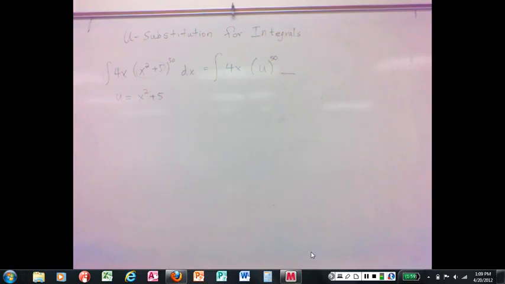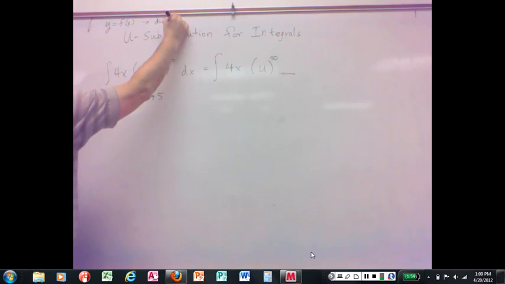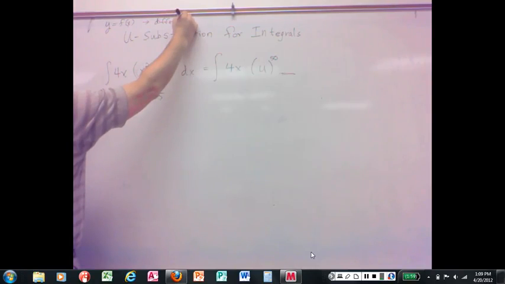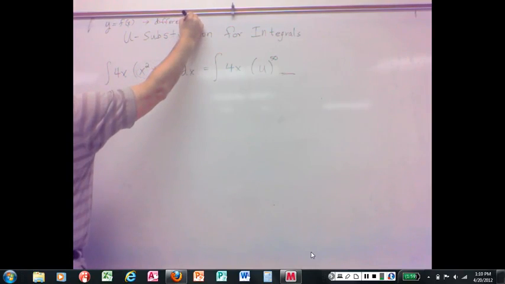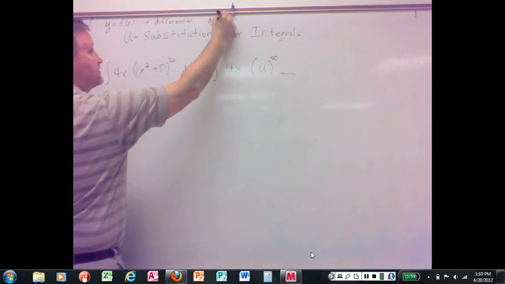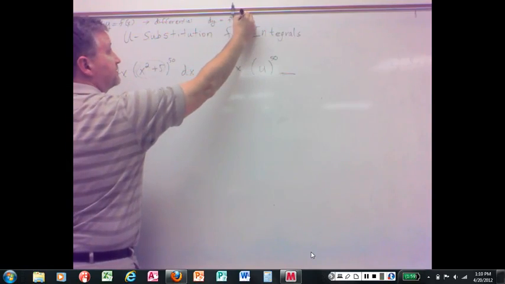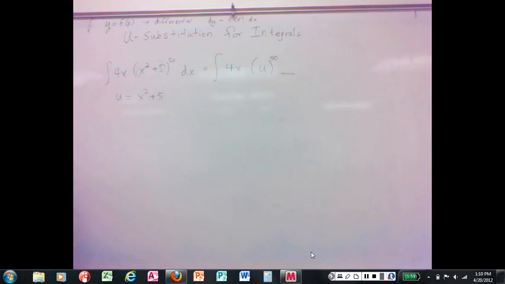You remember back when we were talking about differentials, y equals f of x. When we were going through differentials, you remember what dy was equal to? dy was equal to f prime of x times dx. We're going to come back to that right now, because I don't have y equals, I've got u equals a function of x.